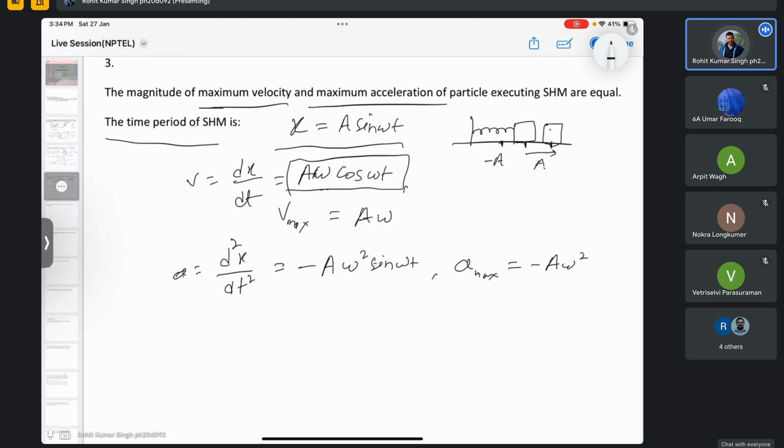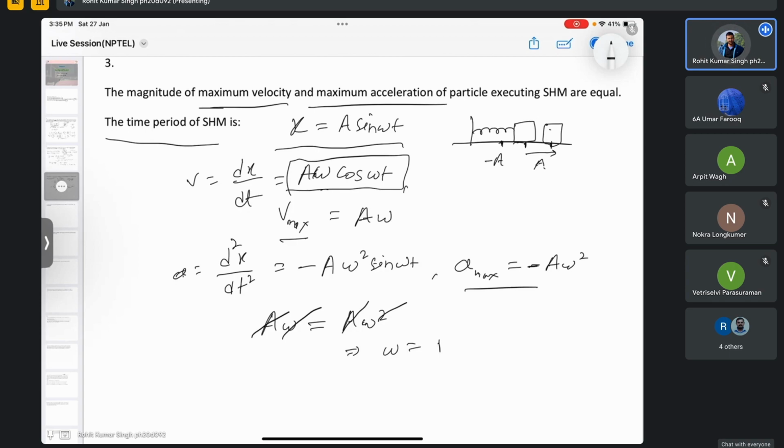And now we have maximum velocity and maximum acceleration, and it is said that their magnitudes are equal. So let's equate them. For magnitude we don't need the negative sign, so we'll just take the magnitude. Okay. And omega cancels, A cancels, so omega equal to 1.